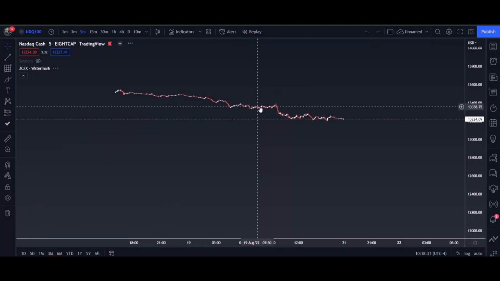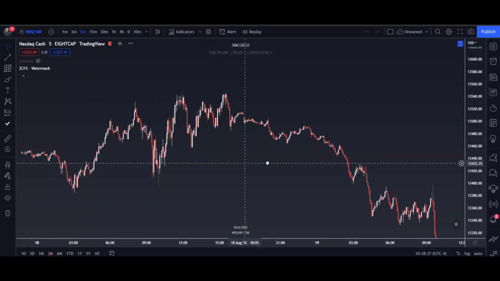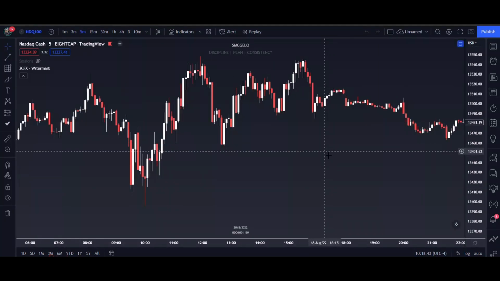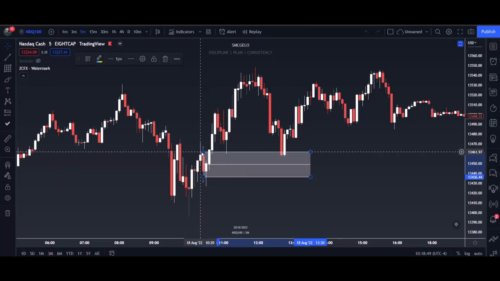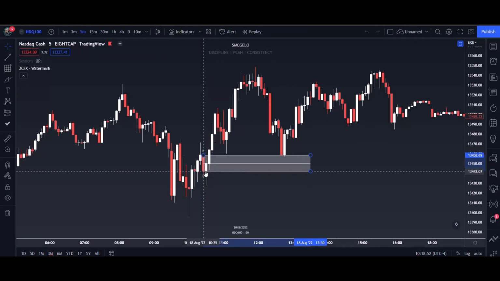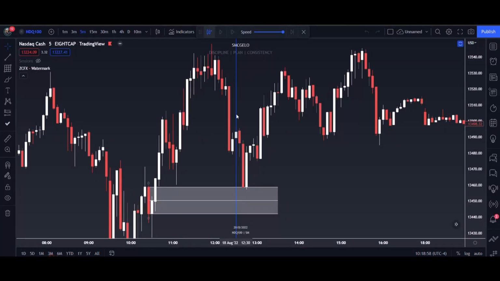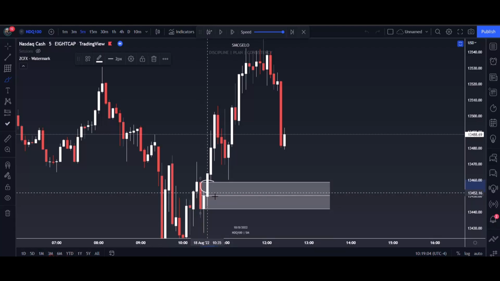Let's go down to the lower time frame. Let's look for a good setup. Okay, perfect. So what did we have? We had our demand, and we also had an inefficiency right here, because this candle did not come down to meet this candle.